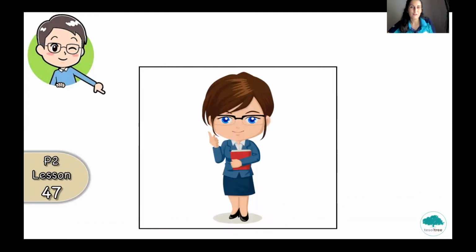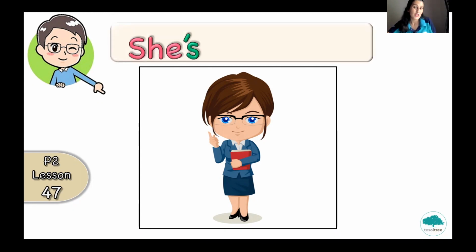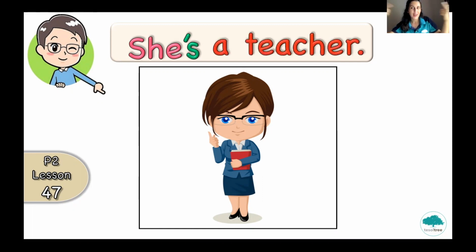Look at the picture first. So, is it a man or a woman? She is a woman. So, we have to use she's. And she is a teacher. I am a teacher. So, we have to say she's a teacher.